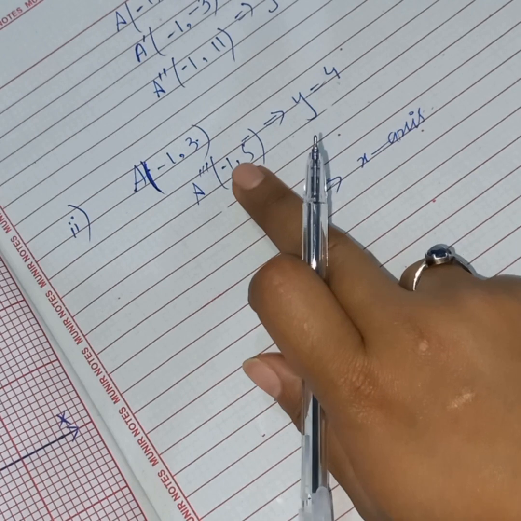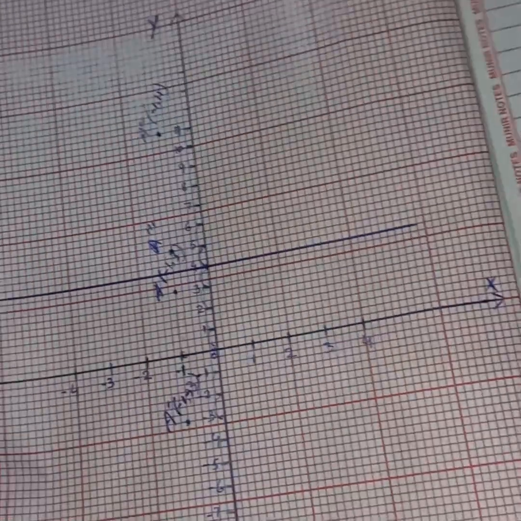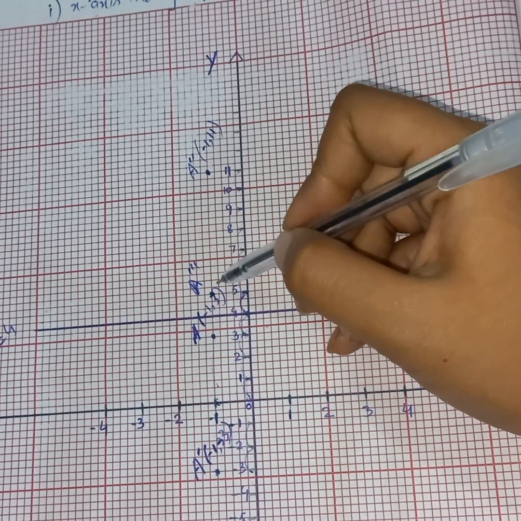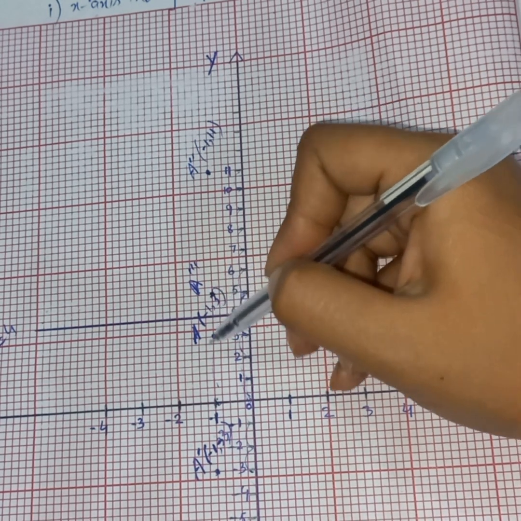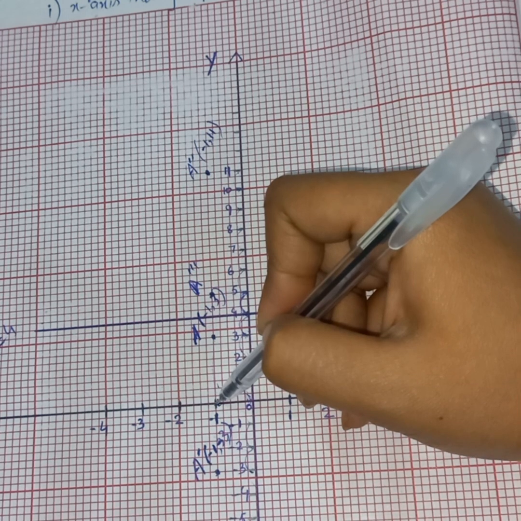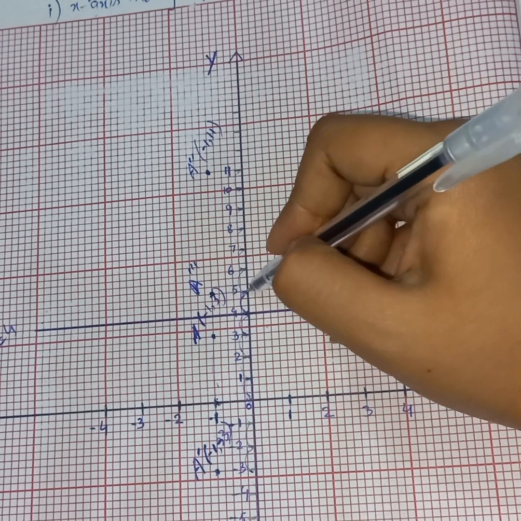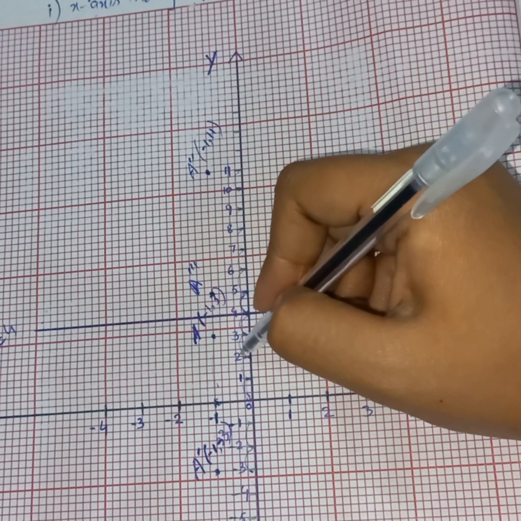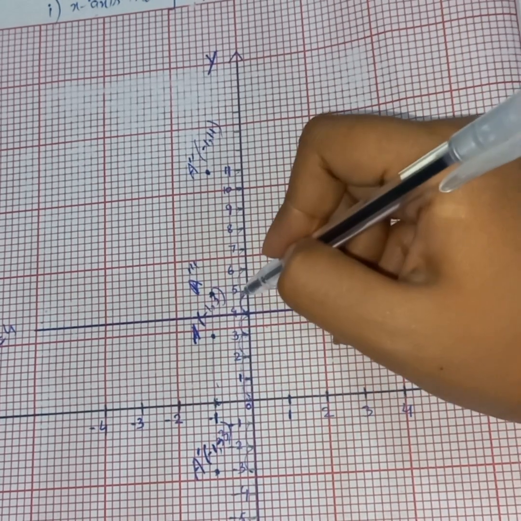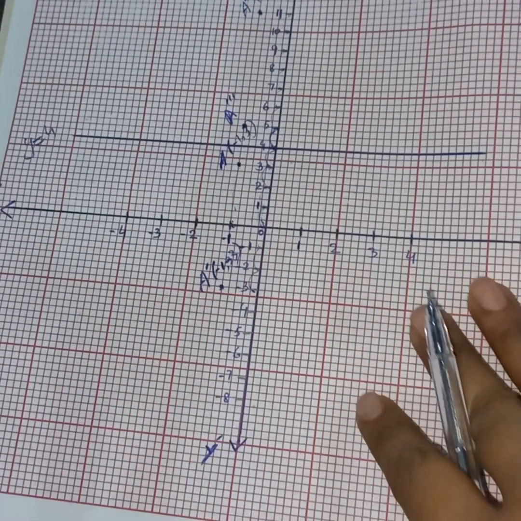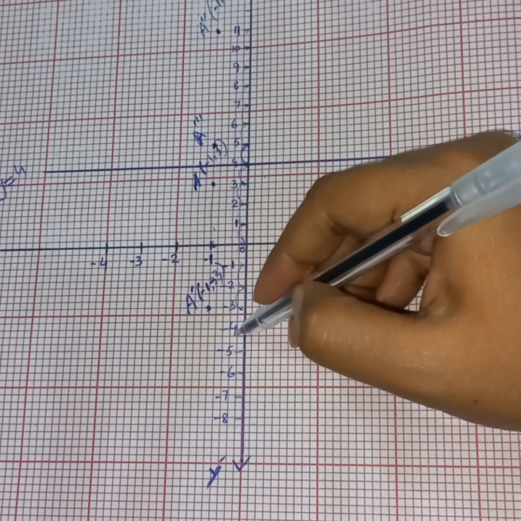And now we will again find the image of this final image using the x-axis. Now check how much gap there is from A triple dash to the x-axis, because now our line of reflection is the x-axis. So let's start counting from this A triple dash: the gap is 1, 2, 3, 4, 5 against the x-axis. So 5 units are there, and we will move down the same number of units like this: 1, 2, 3, 4, 5.